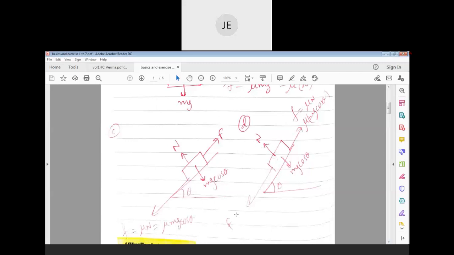That's it. So frictional force formula again, f is equal to mu into N. N is mg cos theta in the case of an inclined surface. So the weight component is resolved into two, that is mg cos theta and mg sin theta.